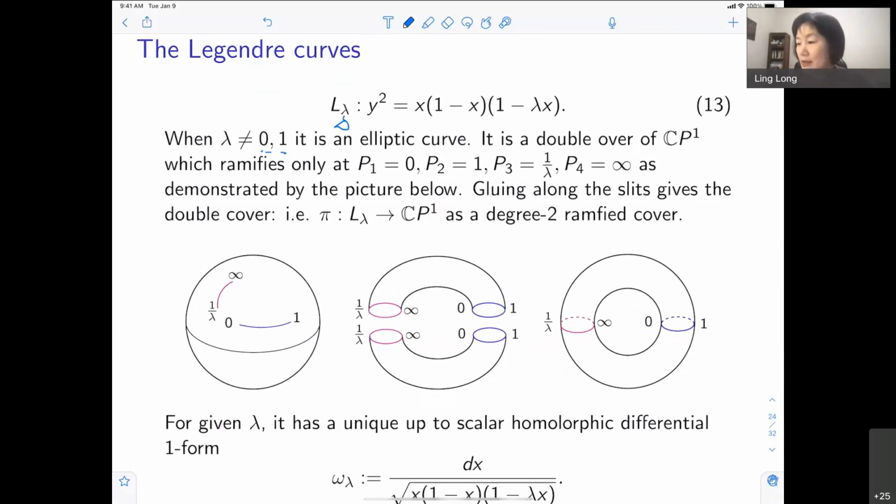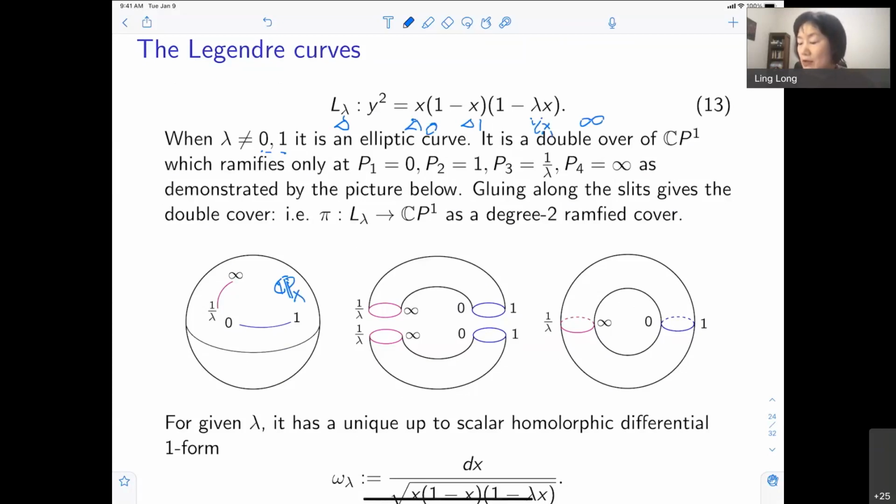So it's going to be a double cover of CP1 parameterized by x. It's ramified at 0, 1, 1 minus lambda, and also the other ramification occurs at infinity. So it's a double cover.